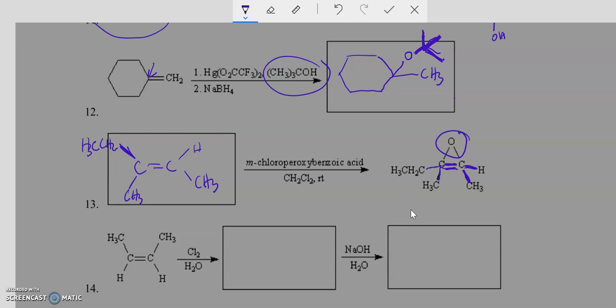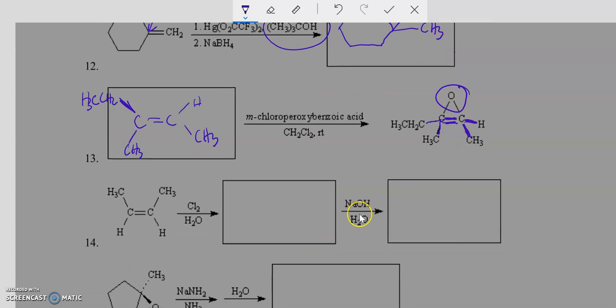Alright, question 14, we have the chlorination of a double bond. So this double bond will react with this chlorine right there. Let me show you like this, chlorine and chlorine. And then this is going to open up, so you form a chlorine here. And now once you do that, you're going to react with the water, H2O. It's going to react from the back.